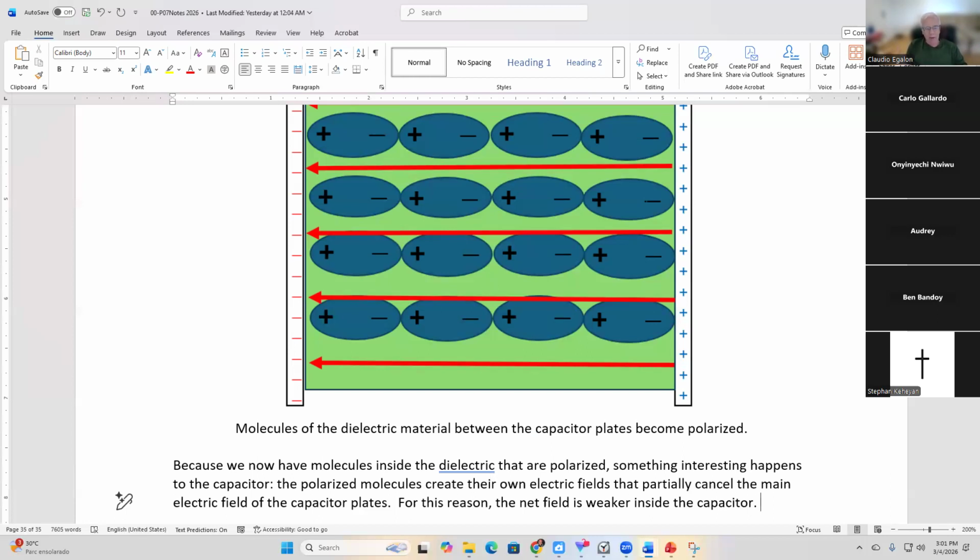However, if you put air between the plates, there will be a somewhat of a decrease in the main electric field, but it's going to be tiny. That's why I put vacuum / air. Air, as a dielectric, behaves in a rather similar way to vacuum. Weaker inside the capacitor. Did you get the idea?